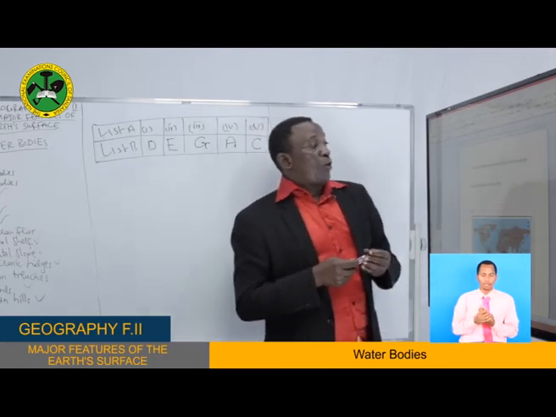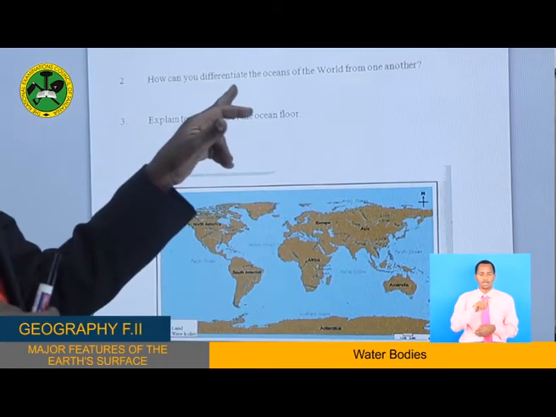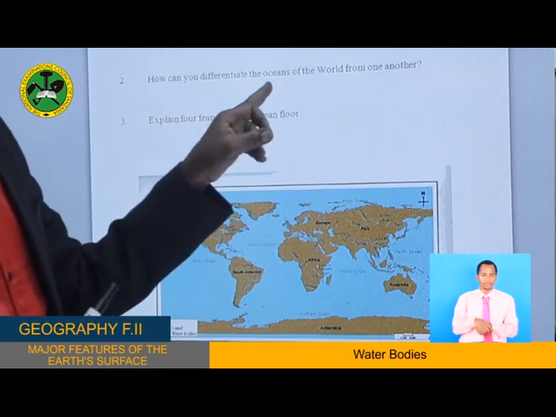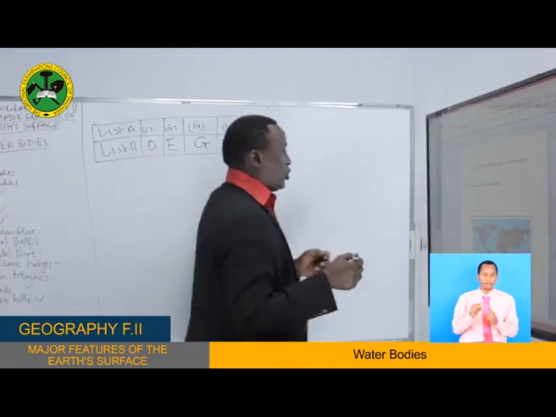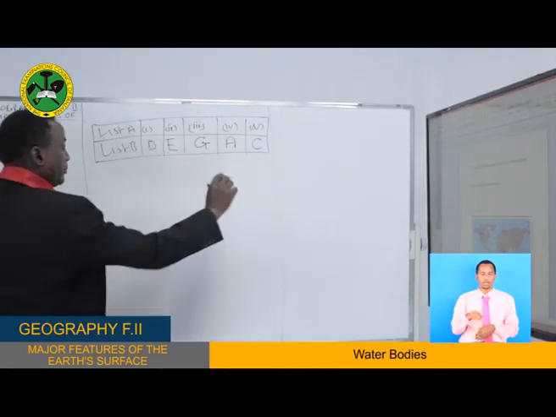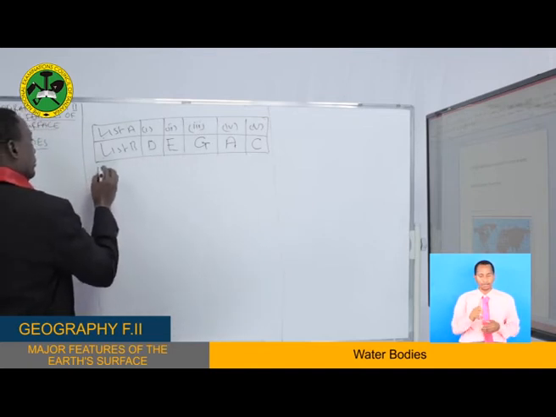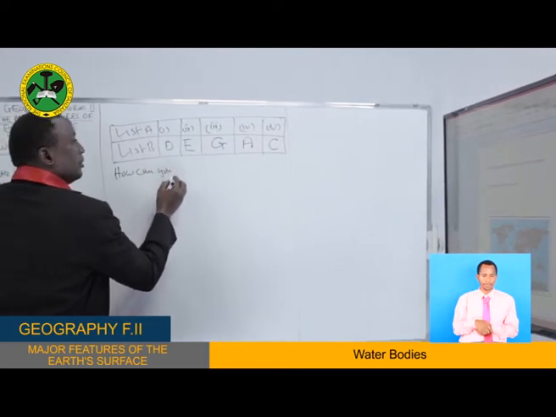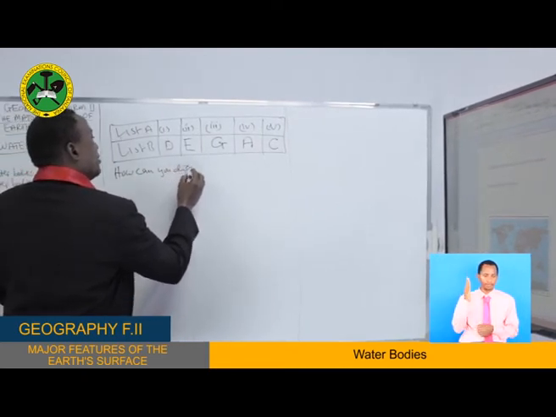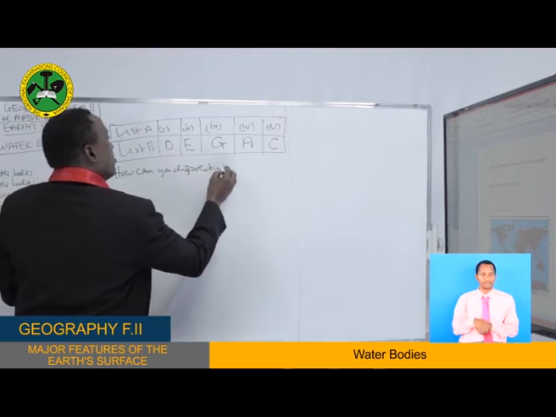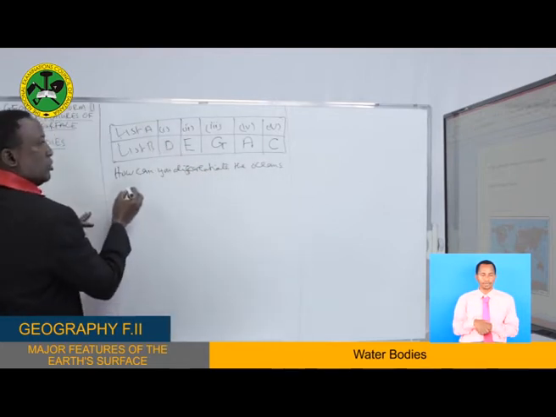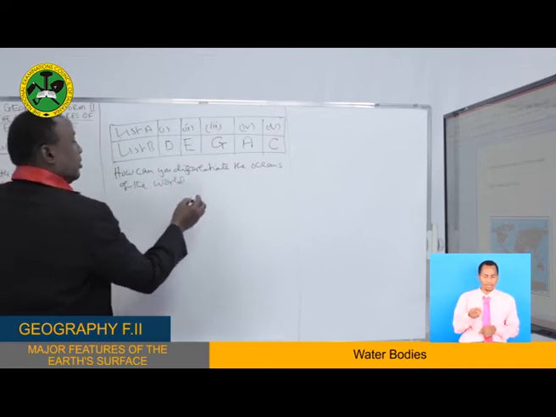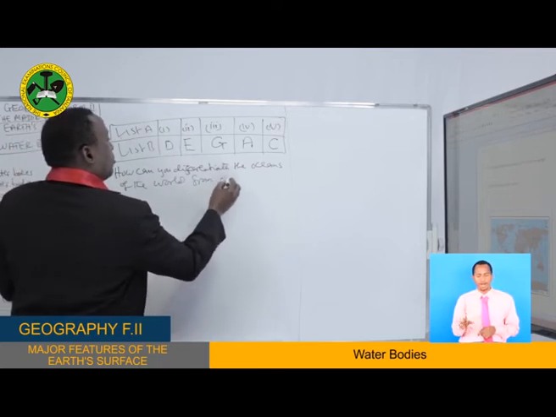So the demand of the question here is to differentiate. And the key concept here is ocean. Now, dear student, you can do it this way. How can you differentiate the oceans of the world from one another?